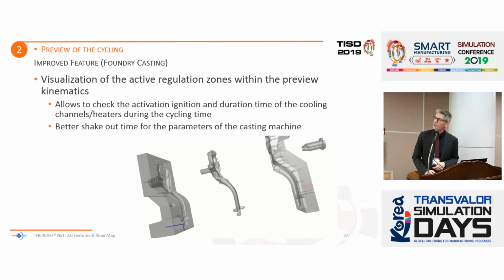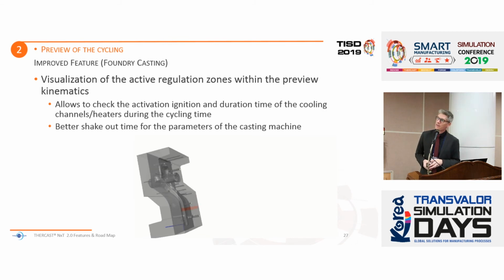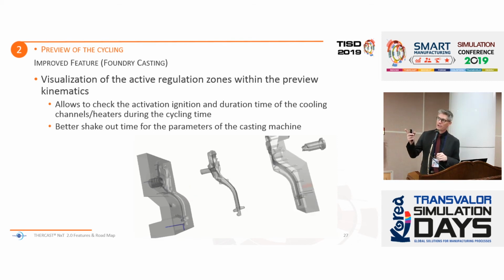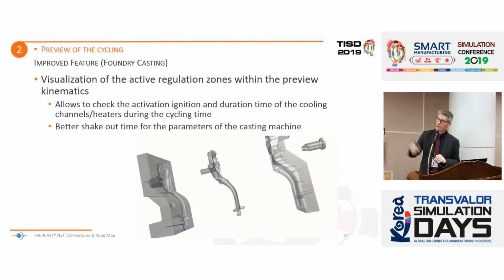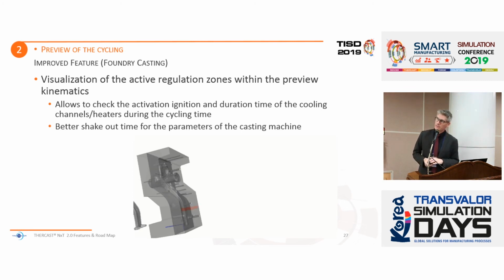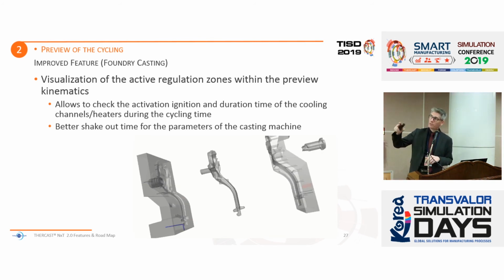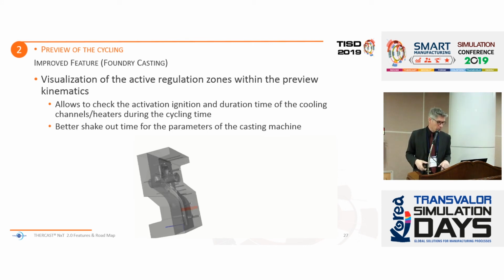You can see the water channels that are activated in blue during the activated time in the process, and the heater which is in red. So we can manage both cooling part and heater part in the same process. So this case is gathering the two kinds of setup. You can see a preview in the pre-processing of how the cooling channels and when they are activated or not, in order to see if the process is well designed.